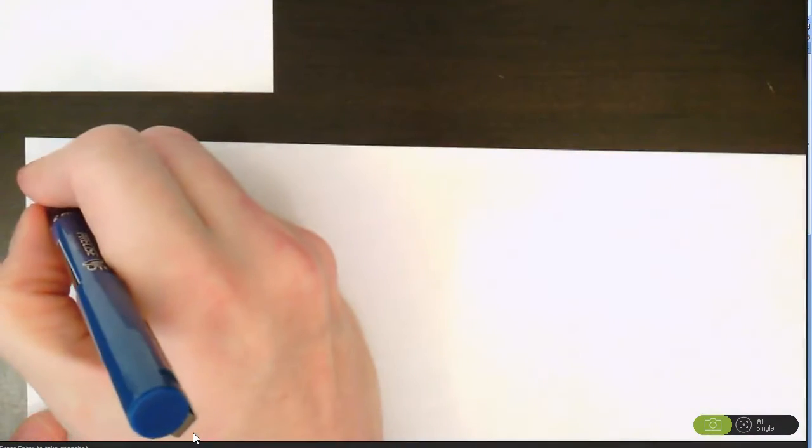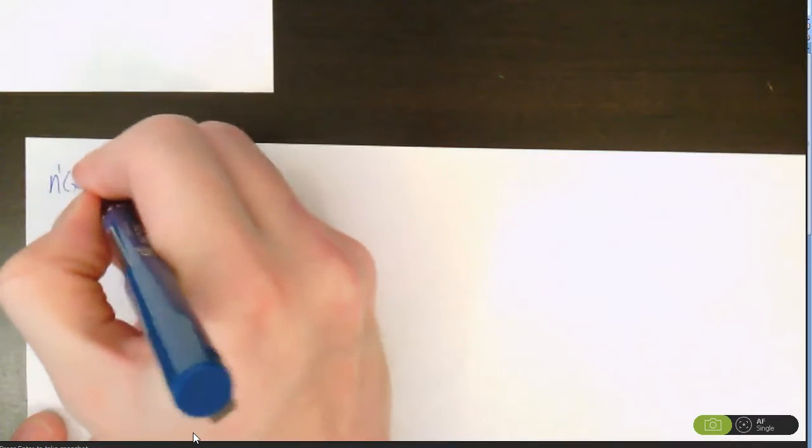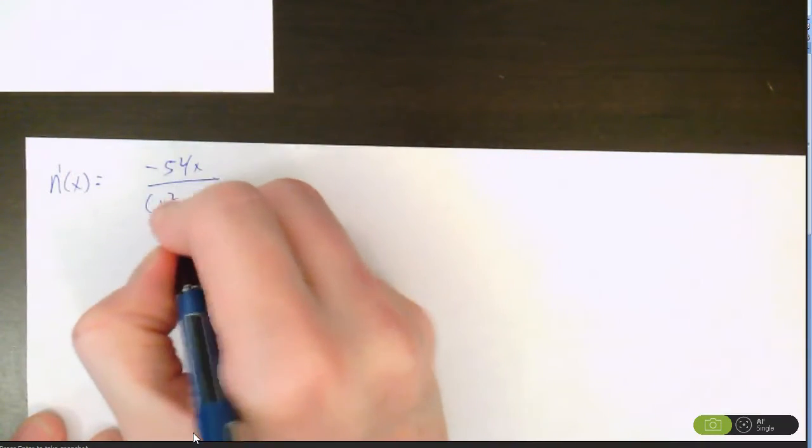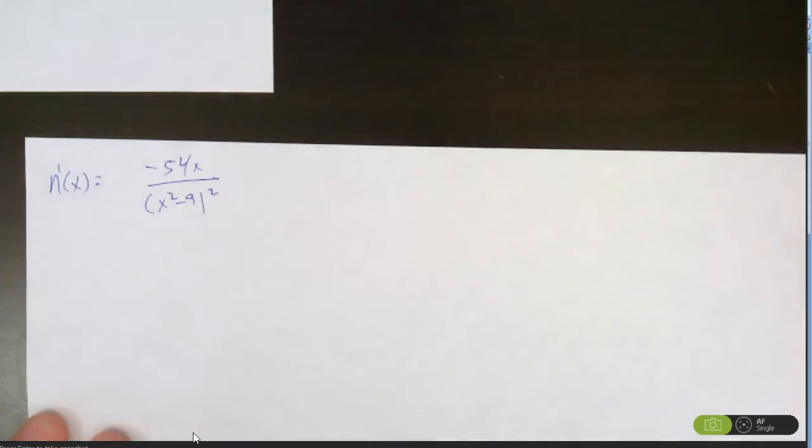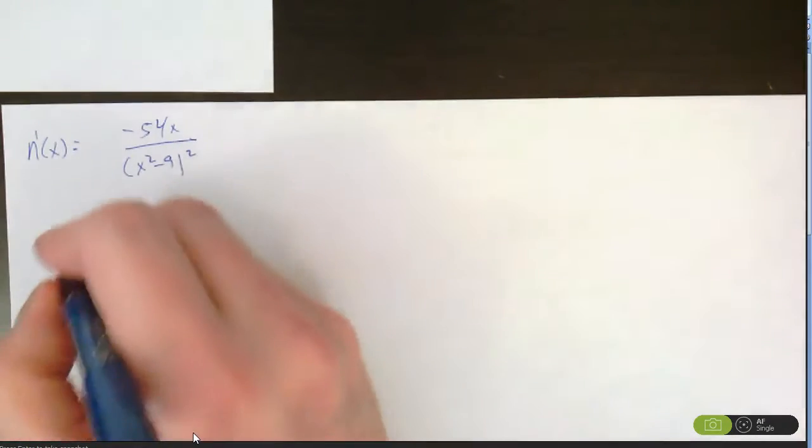So my first derivative was negative 54x over x squared minus 9 squared. Now my second derivative, f double prime of x.